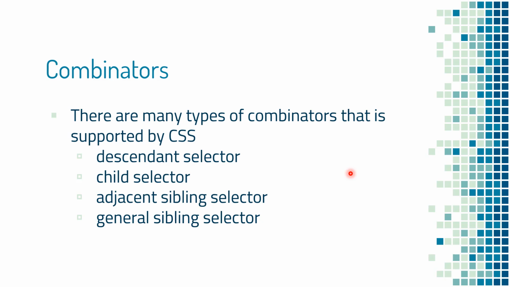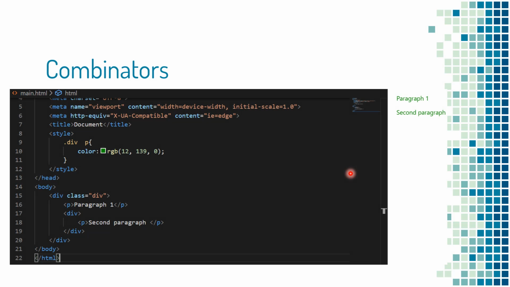There are many types of combinator. We have descendant selector, child selector, adjacent sibling selector, and general sibling selector. So in this code, we know before that this is a class selector, right? And this is a paragraph selector.